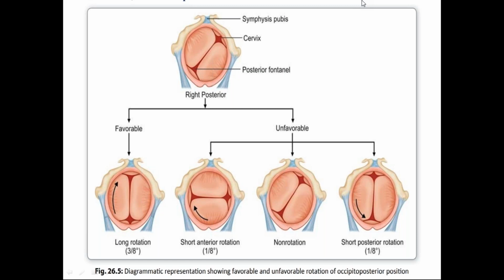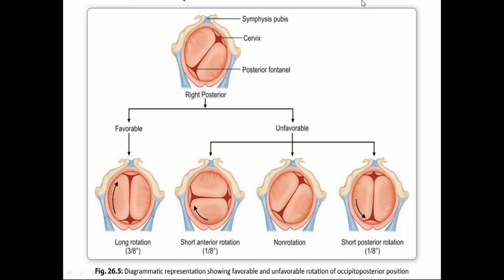In short internal rotation, it is rotated only up to the transverse line, the transverse position, and there is no further rotation, so there is arrest. Then unfavorable non-rotation, where there will be no rotation, as with a deflexed head with muscle tone, and malrotation toward the posterior.